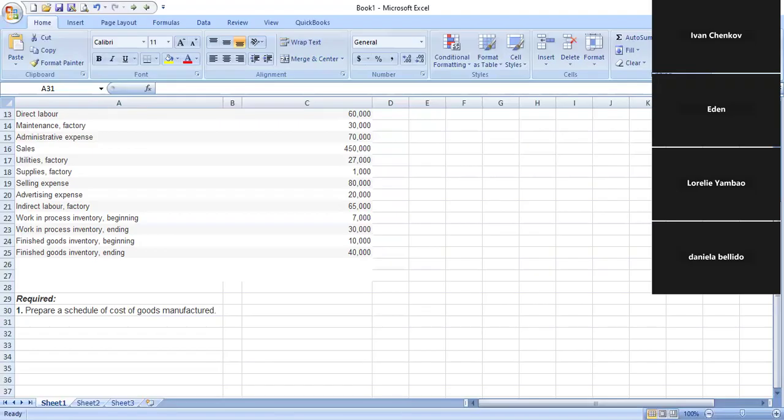Check that calculation. There you can find how exactly cost of goods manufactured is calculated. It's coming from the work in process account. Once you know that, then you can start working.